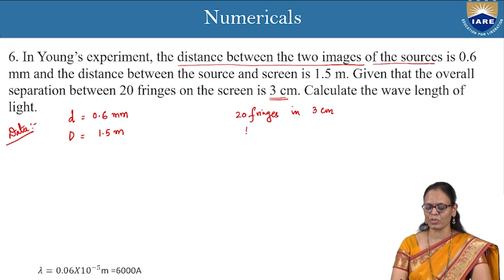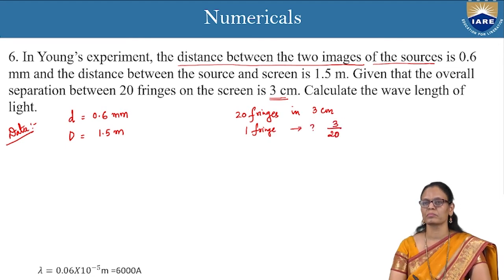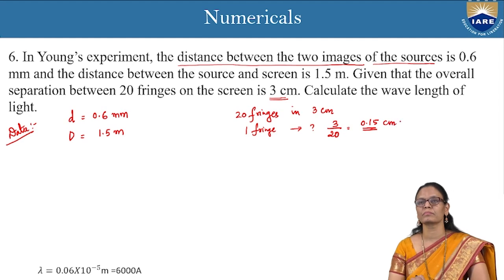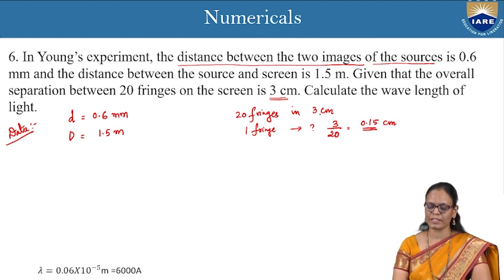What is the width of one fringe? 3 upon 20. So this will be 0.15 centimeter. Not 3 centimeter. So one fringe will be 3 by 20.